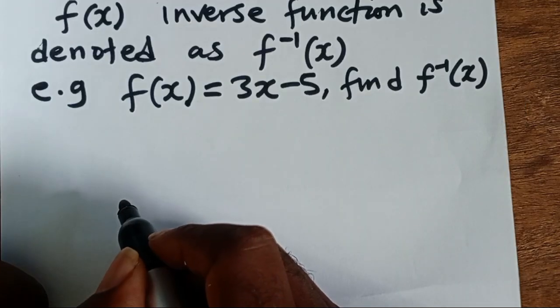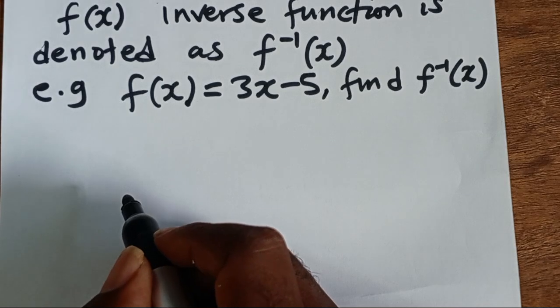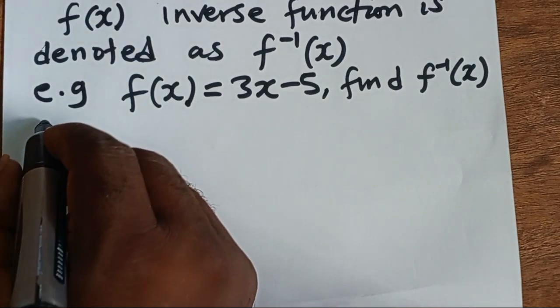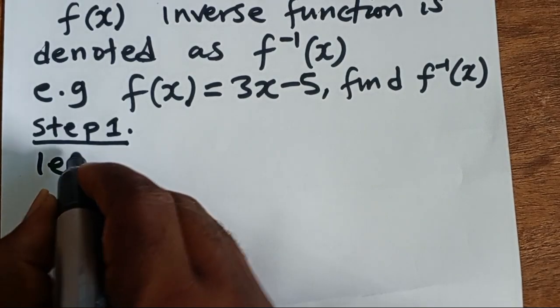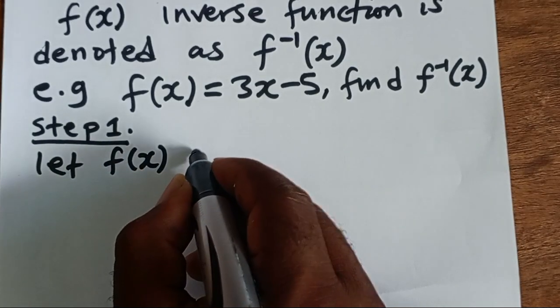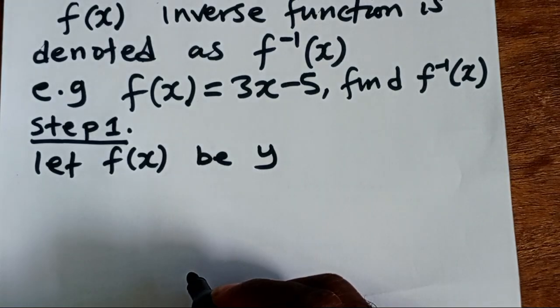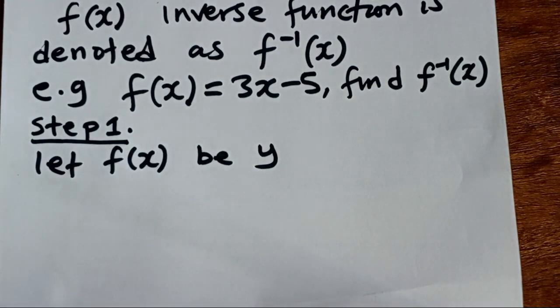So we have 3 steps that we need to follow. So what are those 3 steps? Step 1, let f of x be y, or you can let it be any letter.